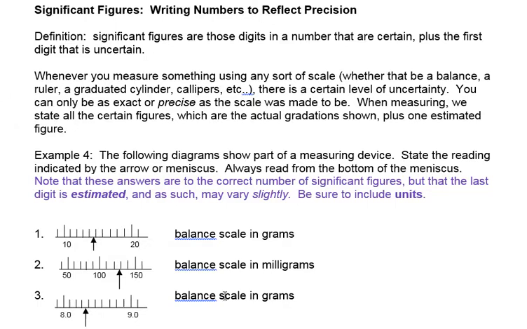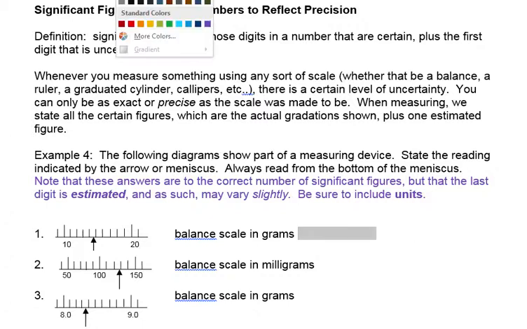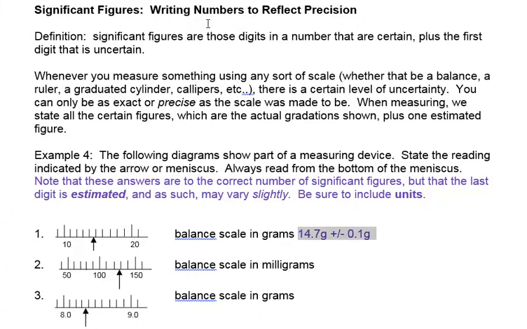So the 14 point is certain, but the estimated value, 14 point what, is our uncertain digit. So when we estimate that, we can decide, okay, we think this looks like it's 14.7, but that uncertainty could be a little higher, could be a little lower, could be 14.6, could be 14.8.